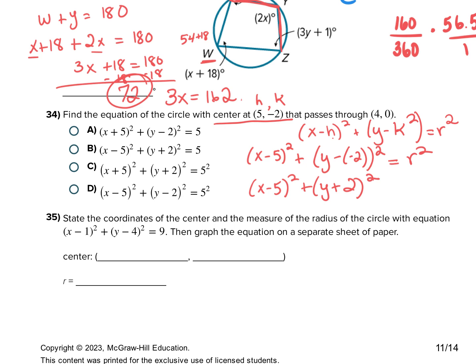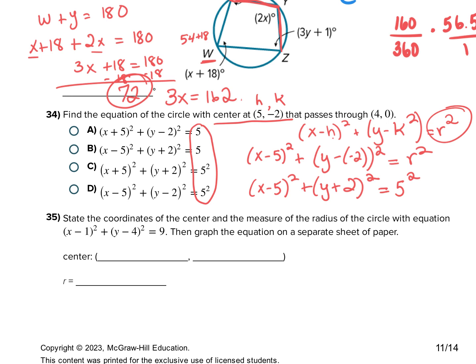And if you were given the radius, which I'm going to be, since all of them are 5, okay, the equation tells us we have to square the radius. So my radius is going to be 5 squared.